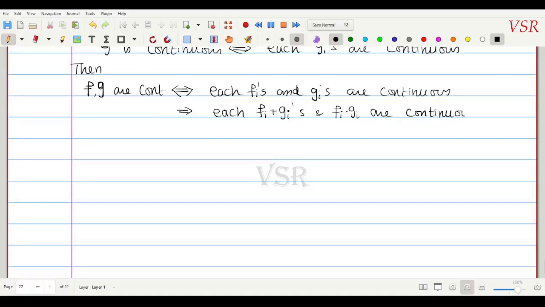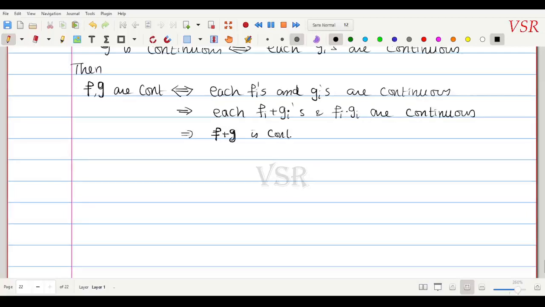Okay? Each fi and gi continuous implies that f plus g is continuous.